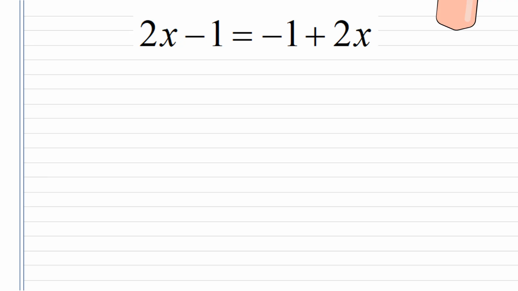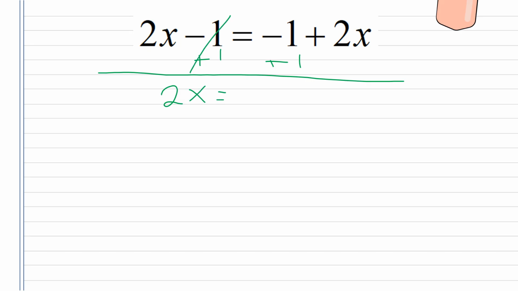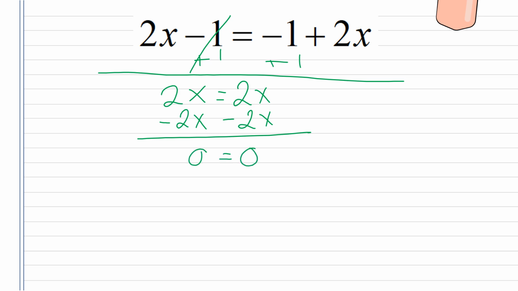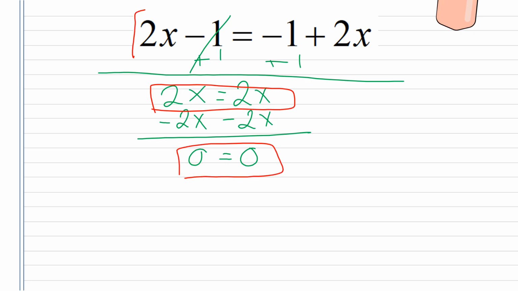Okay. 2x minus 1 and negative 1 plus 2x. So these look similar to me. I want to see. I'll restart them. I'm going to add 1. Oh, these go away. 2x equals 2x. I want to subtract 2x. 0 equals 0. So you can see pretty much the whole way through, these were equal. These are equal. They're the same. These are equal.